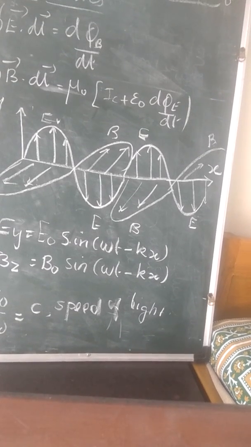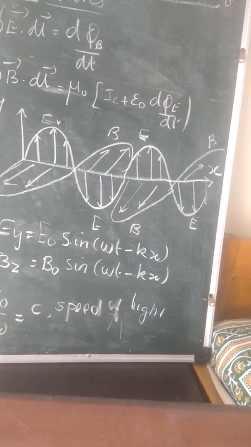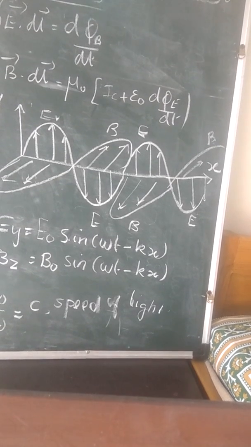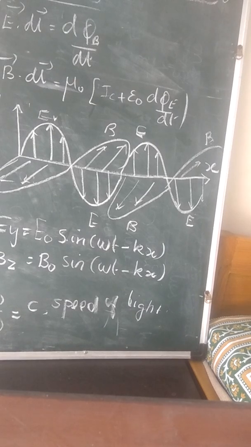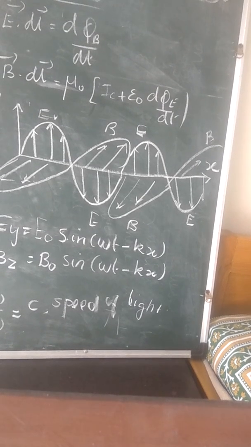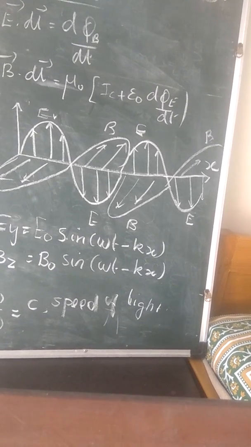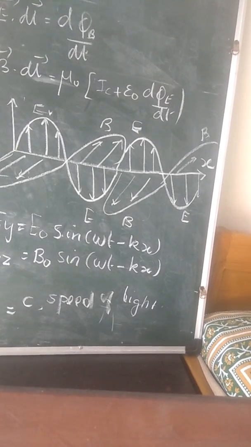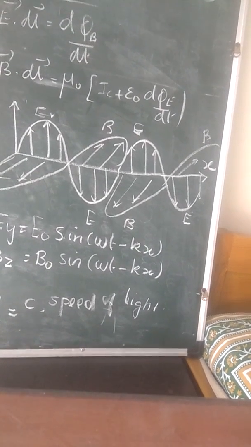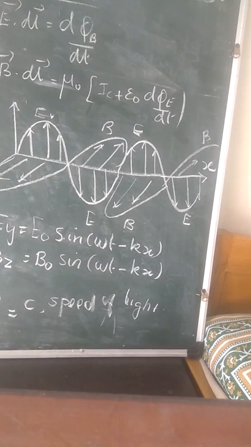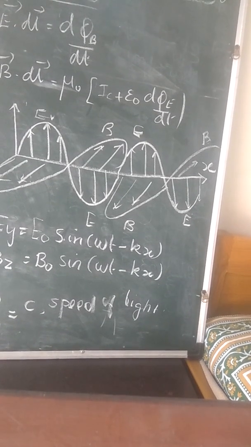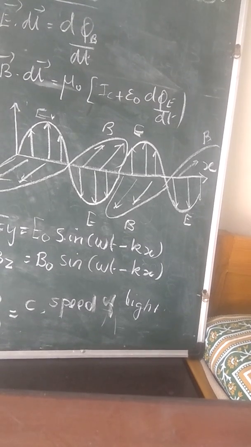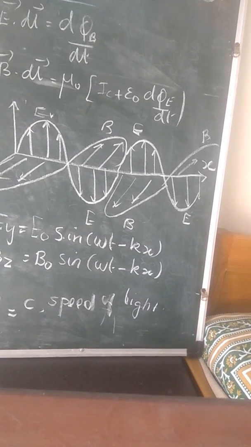And this led to the idea that a wave of electric and magnetic fields, both varying with space and time, should exist, and he named this as electromagnetic waves.